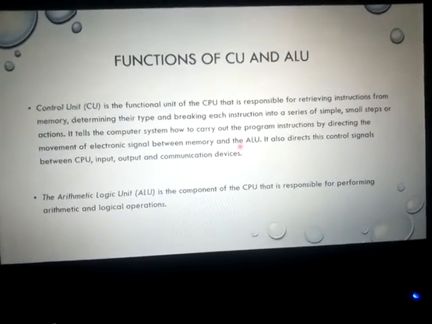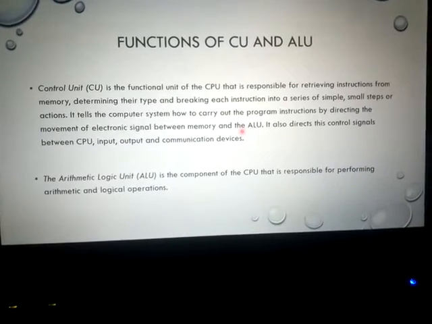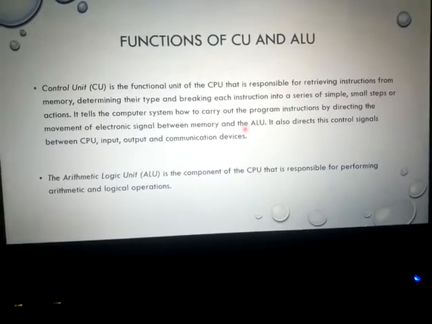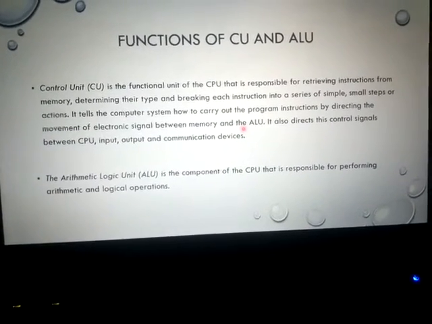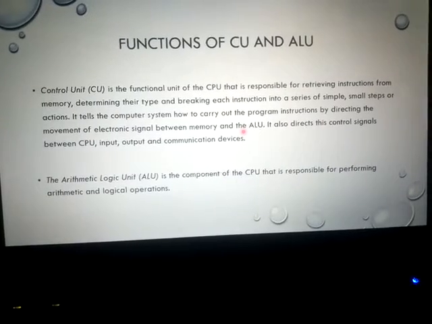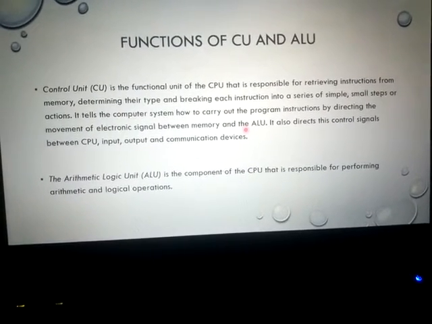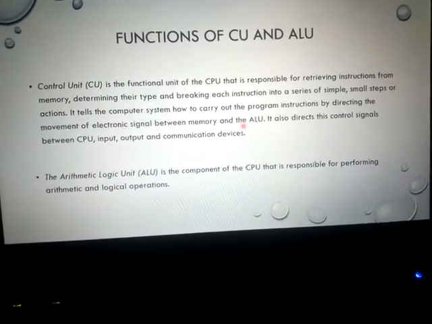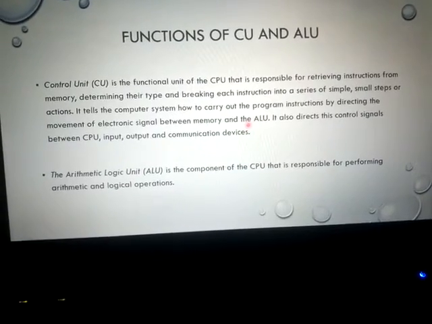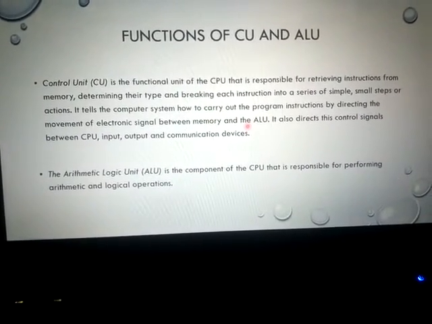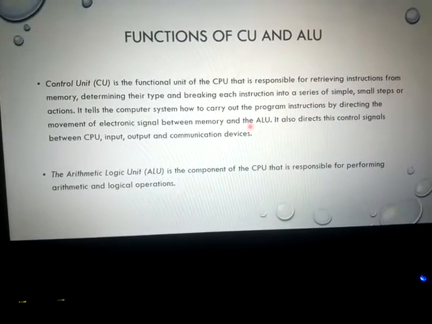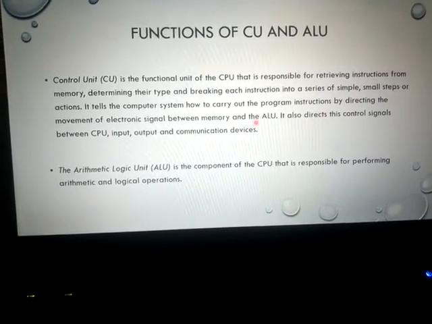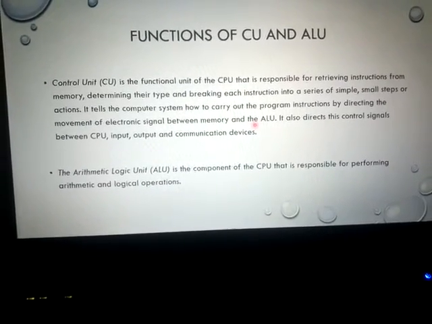The computer itself performs functions based on what? Instructions. These are the step-by-step instructions to perform a specific task. The control unit performs those functions to enable the computer to work properly.